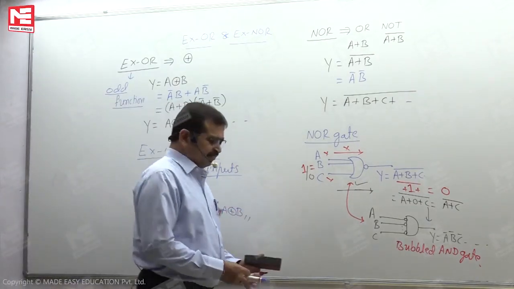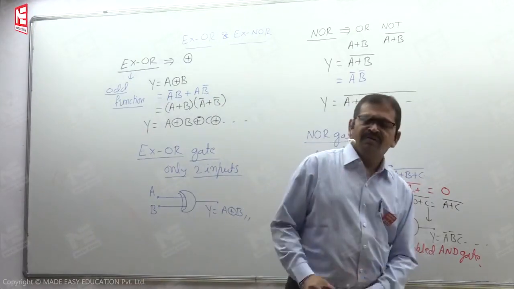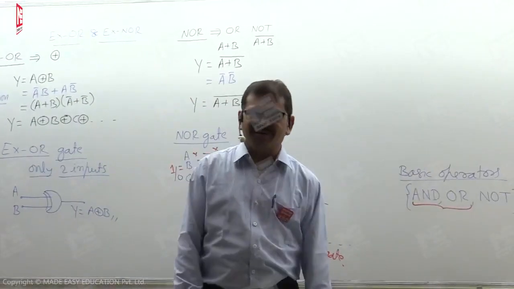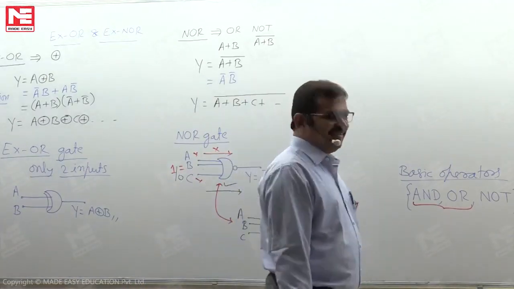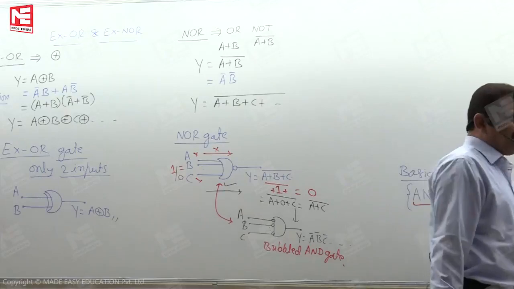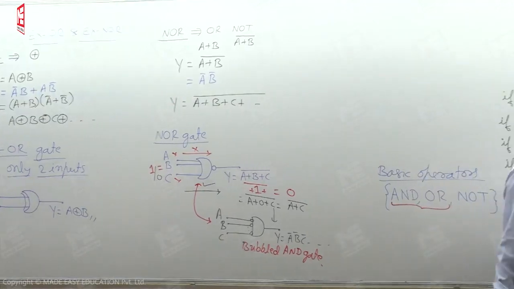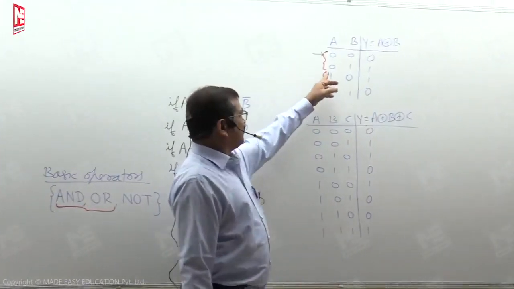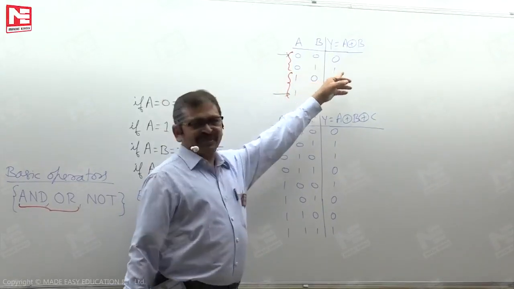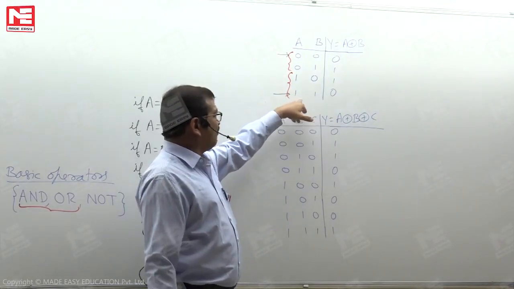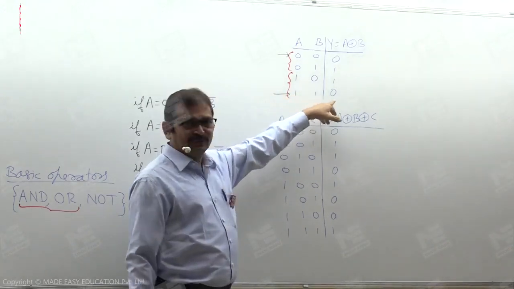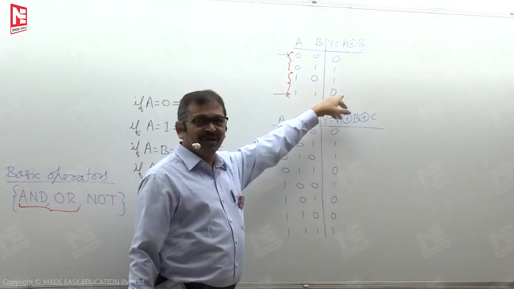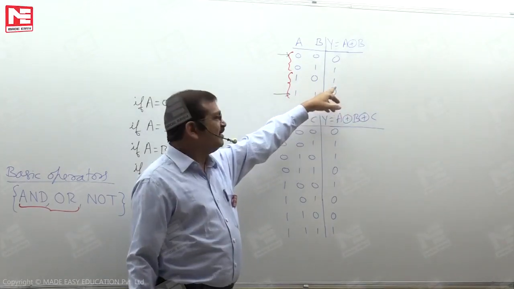As a question, why must we name it the exclusive OR gate? In the normal OR operation, for 0 1 and 1 0 the result was 1, and 1 1 was also included. So for this 1 1, in the normal OR operation the result is 1.